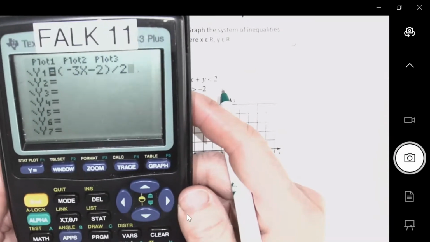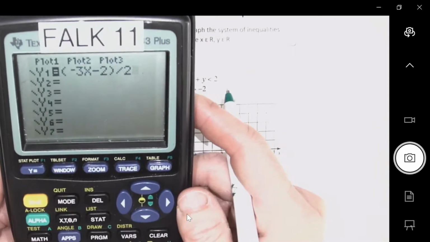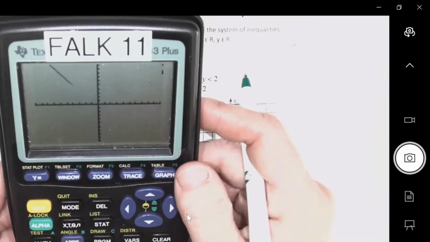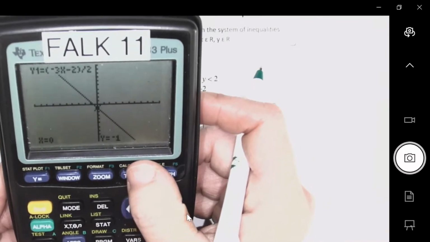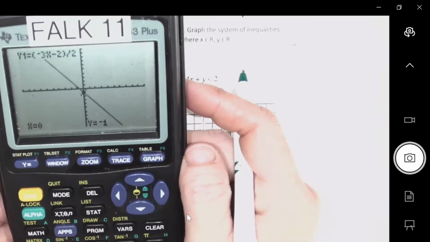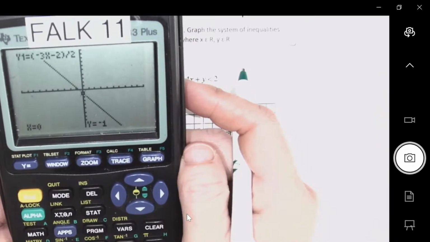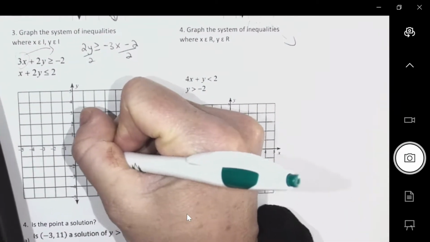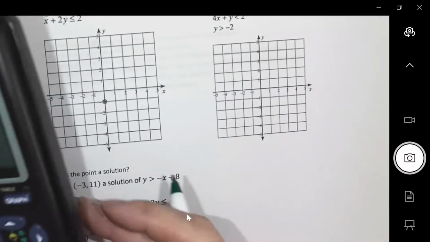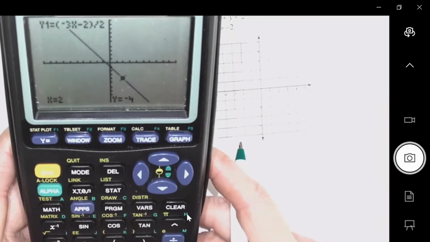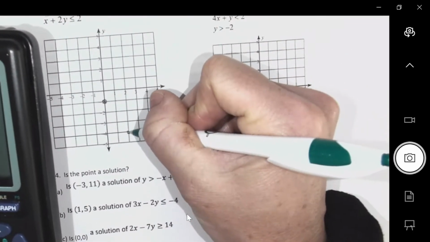Okay, again, I'm letting my calculator do that for me, so I'm typing it in brackets divided by 2. Okay, I'm going to trace 0, negative 1, that's a point. I'm going to trace, I can go 1, I don't like that. 2, negative 4, I like that point. 2, negative 4, I can graph that point.